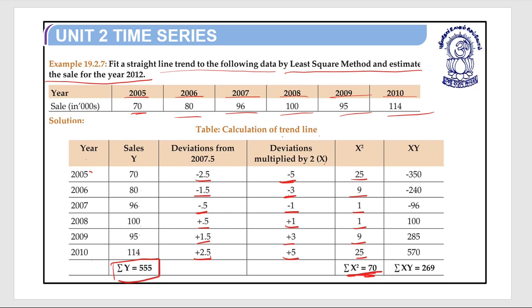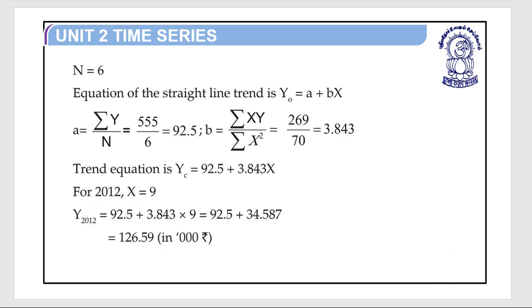In the same way 96 into minus 1 is minus 96, 100 into 1 is 100, 95 into 3 is 285, 114 into 5 is 570. So sigma xy is equal to 269. N is equal to 6.